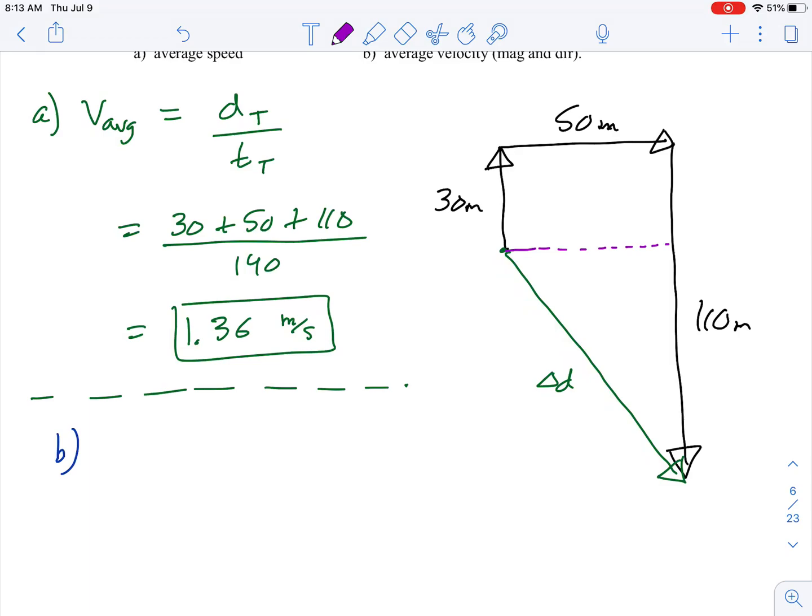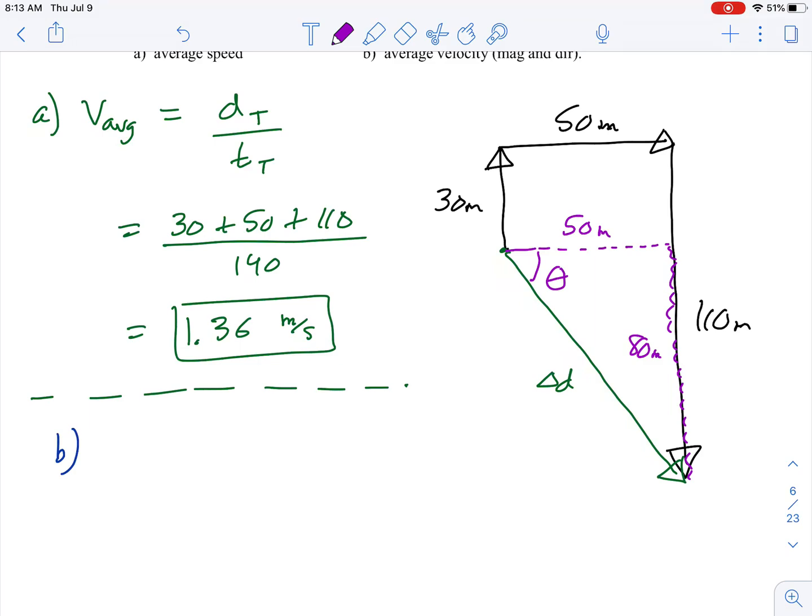And when you make a triangle, you can see that we now have the angle for delta D, and we just need to know the sides to be able to do Pythag. Hopefully it makes sense that the horizontal will simply be 50 meters. And the vertical for that right angle triangle is 110 minus 30, which is 80 meters. Just subtract the two verticals and you have that.